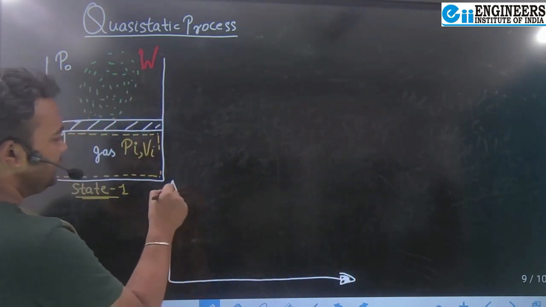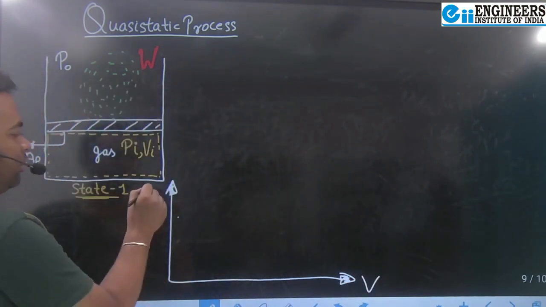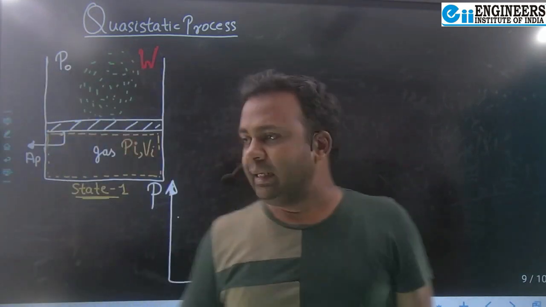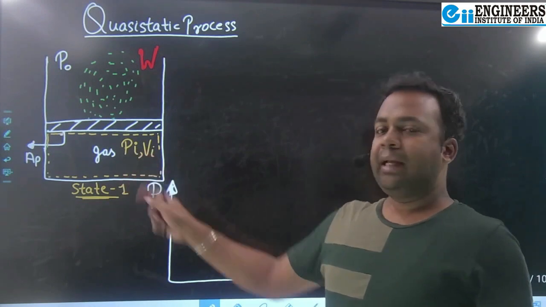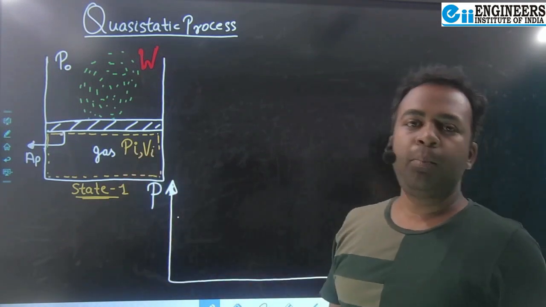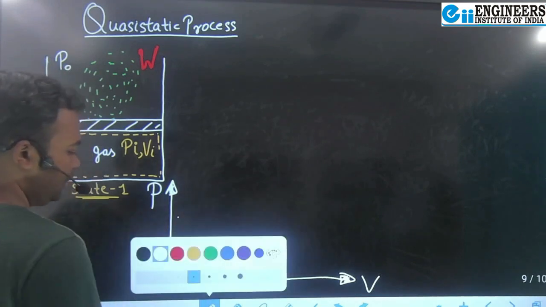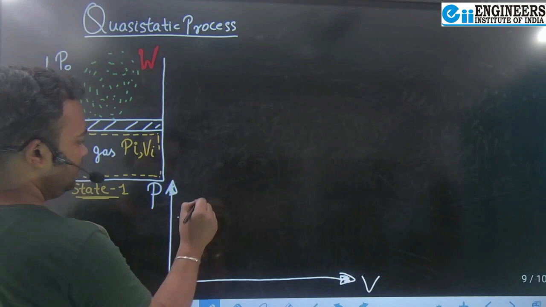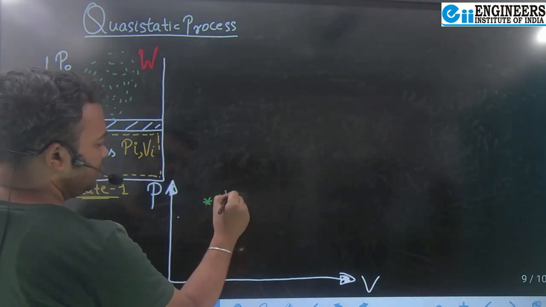On the x-axis, I'm taking volume, and on the y-axis, I'm taking pressure. And the initial state is designated by Pi and Vi. So I can plot it over the property diagram. So this is my state 1.